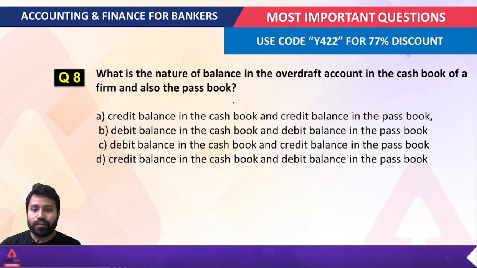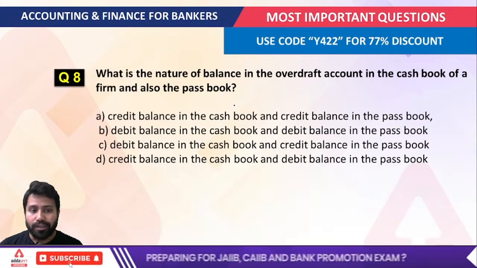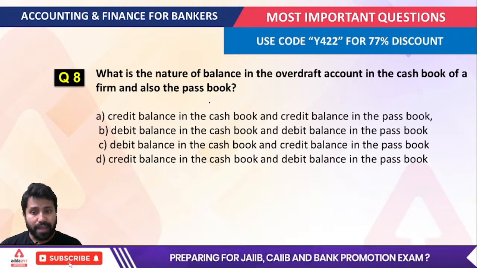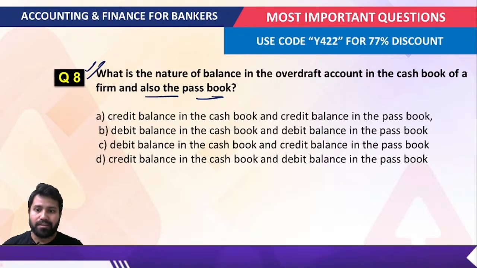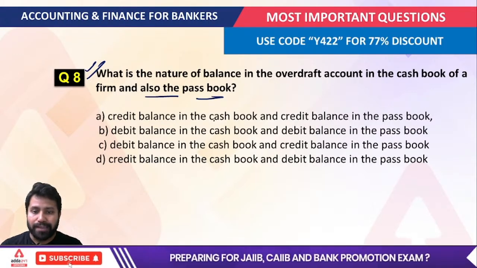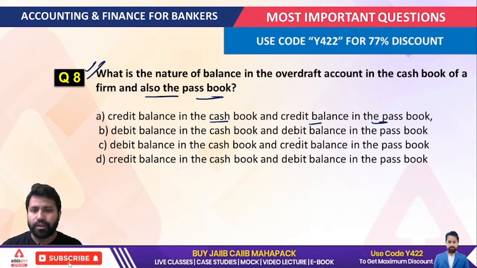Next question. What is the nature of the balance in the overdraft account in the cash book and also the passbook? The options given are credit balance in the cash book and credit balance in the passbook. Just understand a very important thing here.